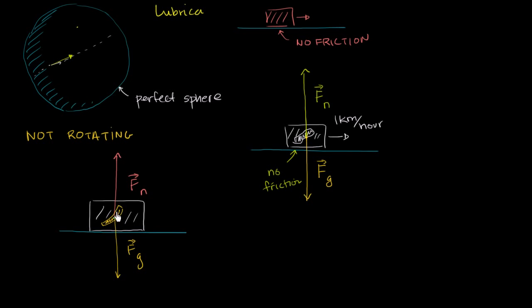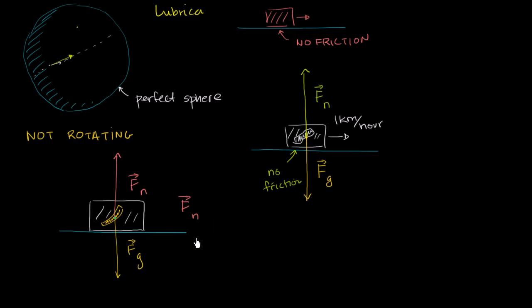So in the case of this banana, the normal force exactly cancels out the force of gravity. The normal force is exactly equal to the inward force of gravity, or I guess we should say that they add to zero.